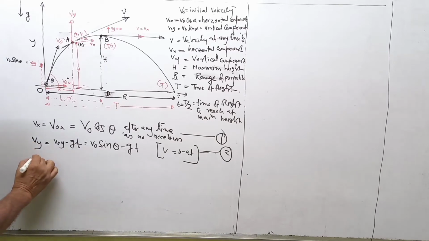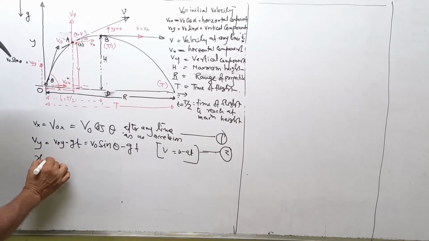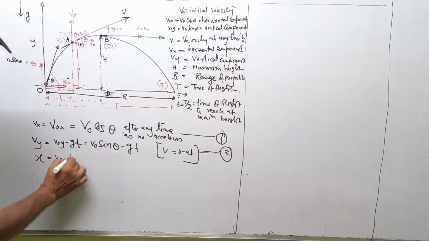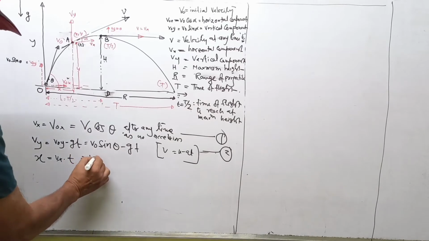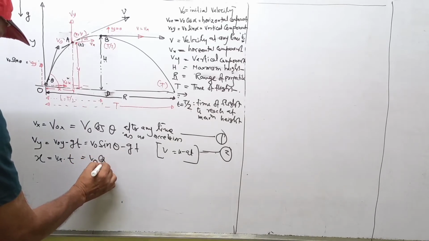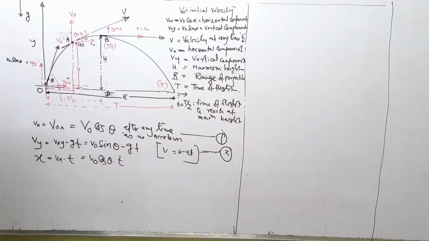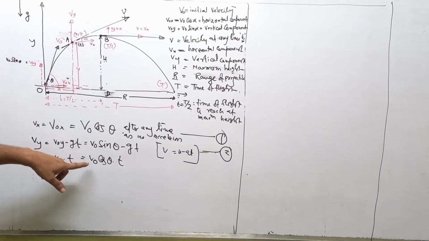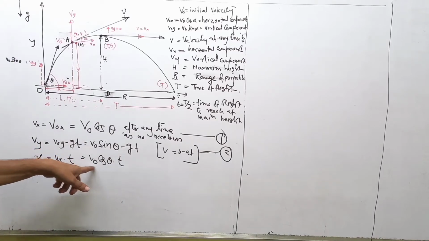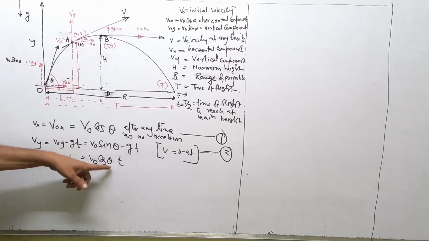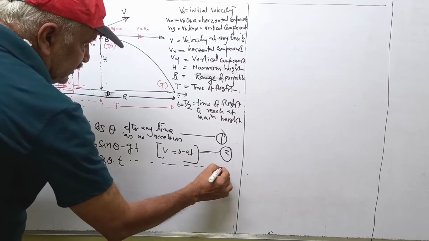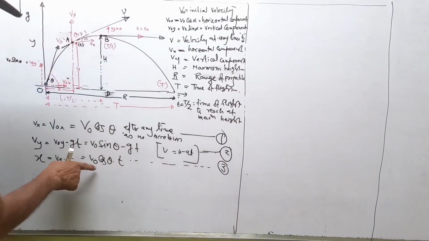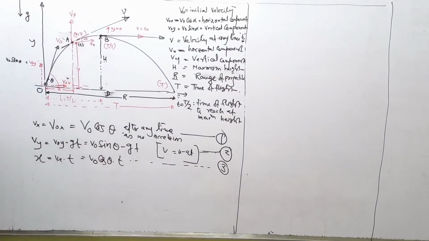Hence we can write x equals Vx into t equals v0 cos theta into t, because this is the formula x equals v into t. There is no acceleration, that is the reason this formula is velocity into time.